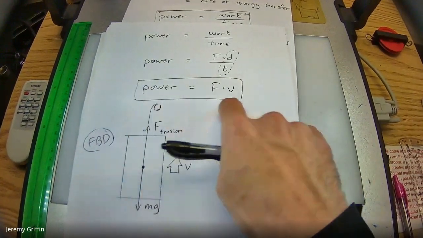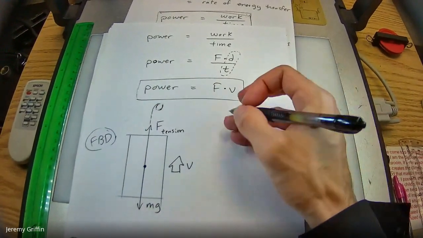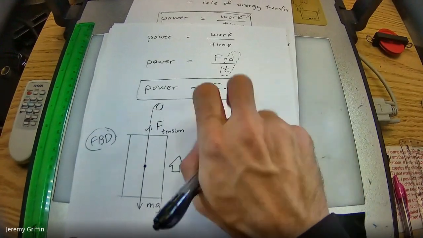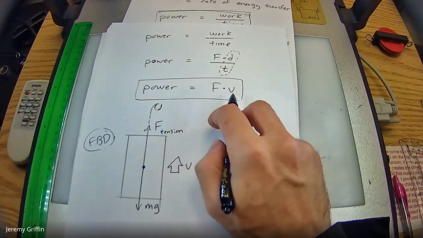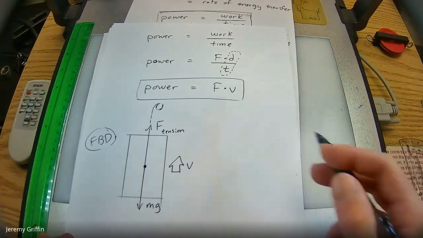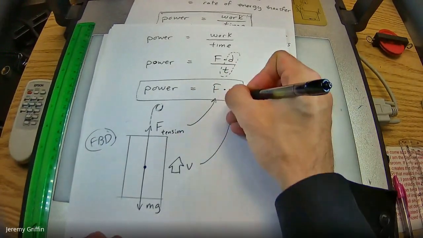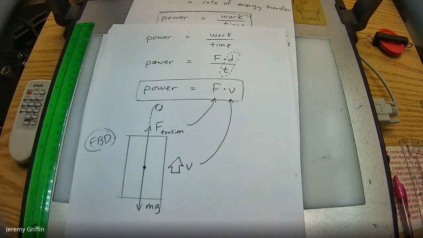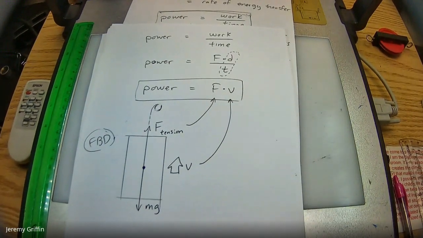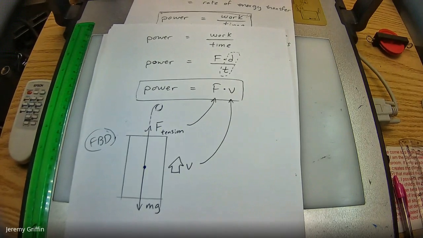Well, that's exactly what this formula would answer. It'd be the tension force multiplied by the upward speed of the elevator. You just multiply the two together. So this tension force feeds in there, the speed feeds in there, and then you can get the rate that the motor pulling that elevator up is doing the work. Okay, good so far?